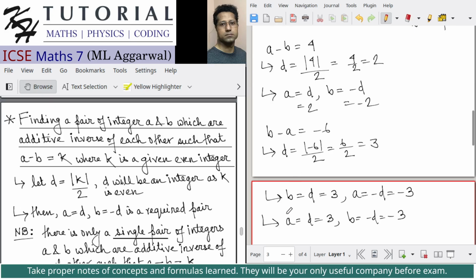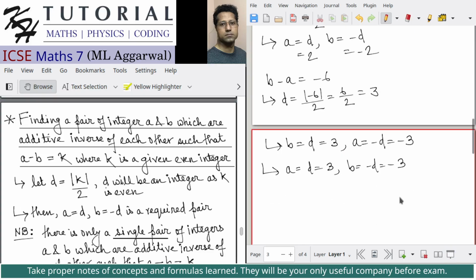Now a will be d and b will be minus d. So always remember that irrespective of whether it is given a minus b is equal to k or b minus a is equal to k, always set the value of a to be d and the value of b to be minus d.